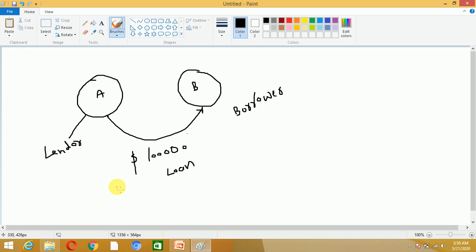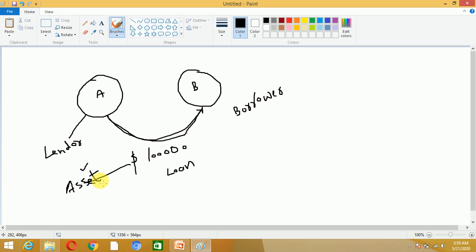So A gives a loan of $100,000 to B. Now this $100,000, which is an asset, belongs to A, but he is giving permission to B to use this asset.